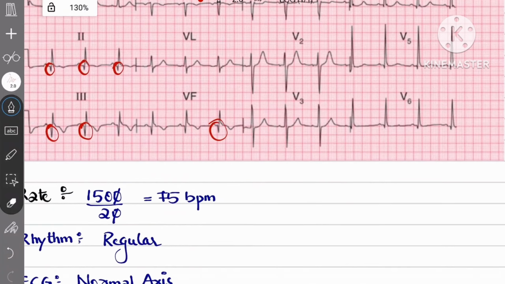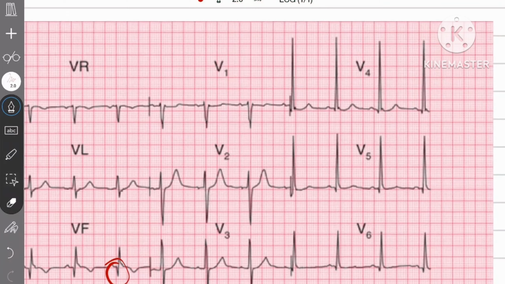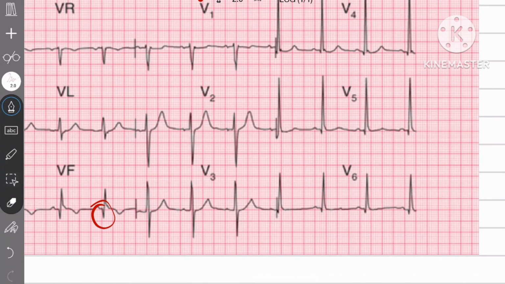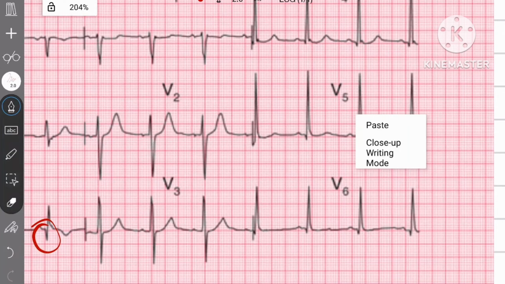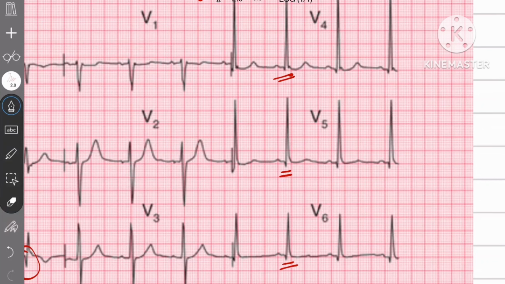You can also see Q waves in leads V5 and V6, but they are very small, so these may be septal.